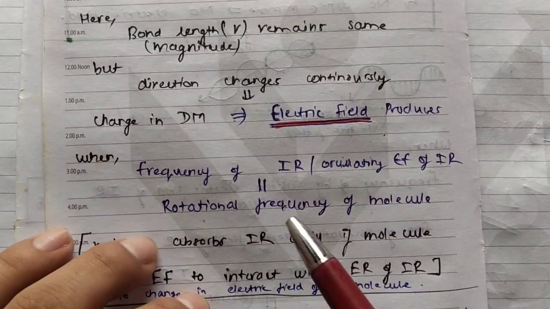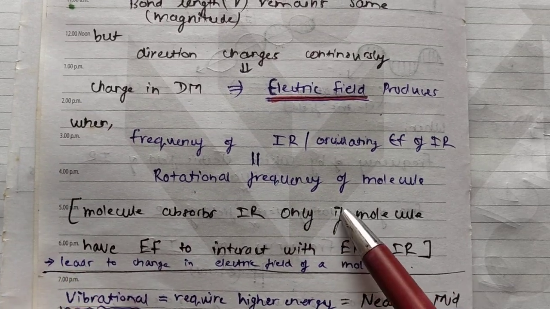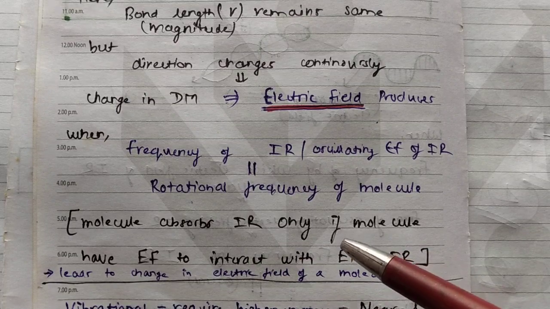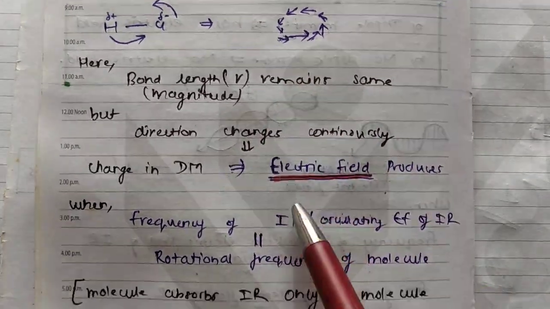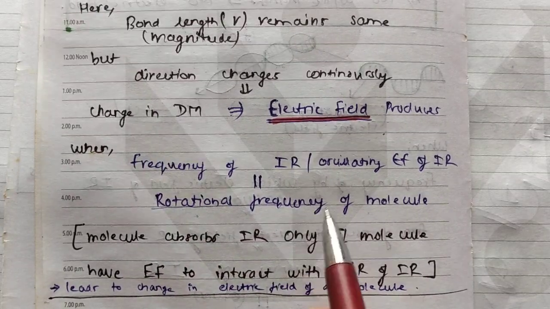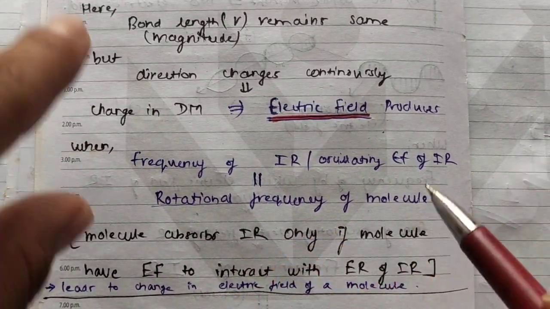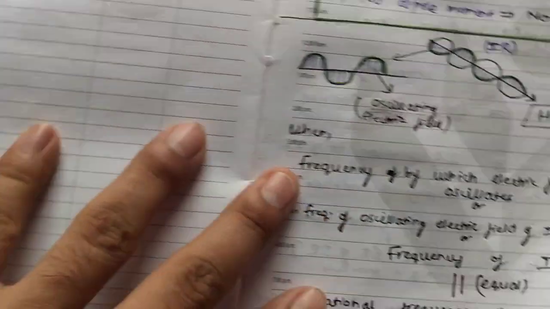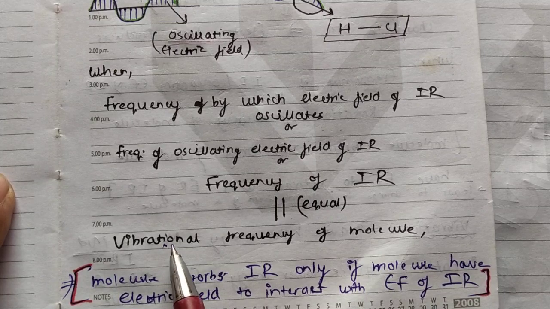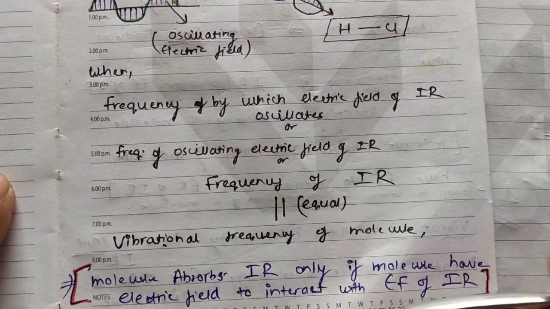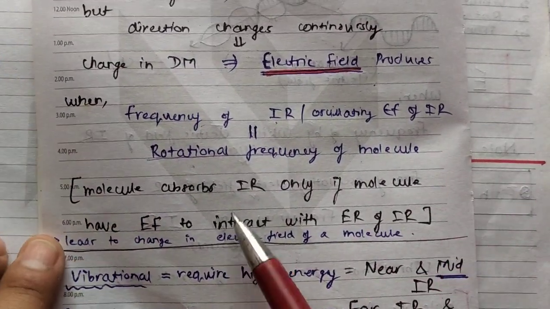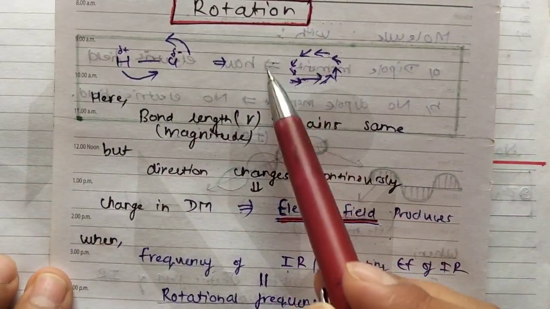They will absorb the IR only when the frequency of IR falling on the molecule is equal to the rotational frequency of the molecule. If the frequency of IR matches with the vibration, then they will absorb and the vibration frequency will increase. But the molecule is also rotating with some frequency.